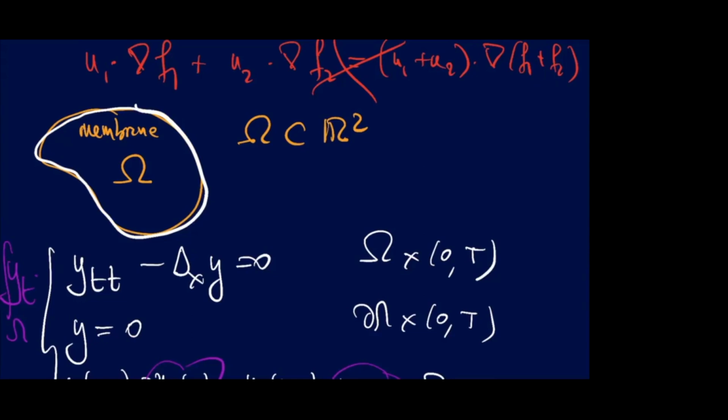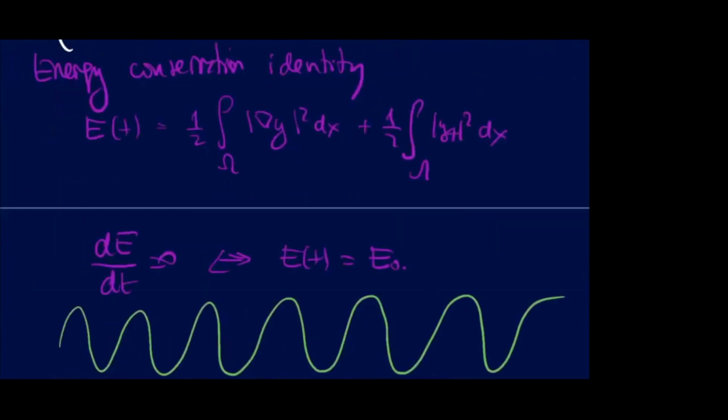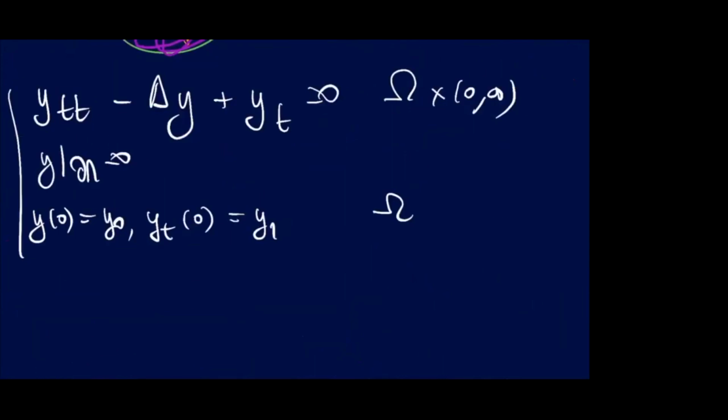This is just a very simple model in mechanics. Zero Dirichlet boundary conditions is a very natural prototype to consider, right? So now this velocity term I am introducing here is a damping. Why is this a damping?